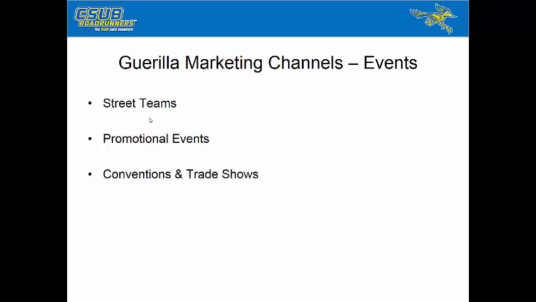So it's kind of a combination with offline. So you've got brochures that you're handing out, and you're sending people out, sometimes with the company's logo on their shirt or whatever, to tell people about your company at a certain event or a certain location with high traffic of people.